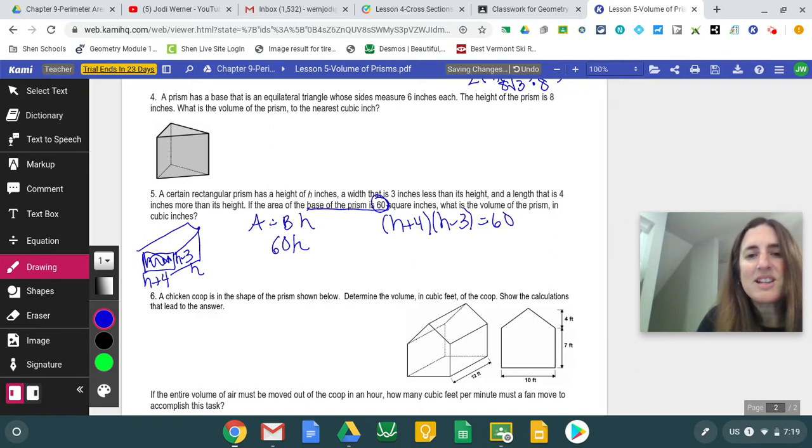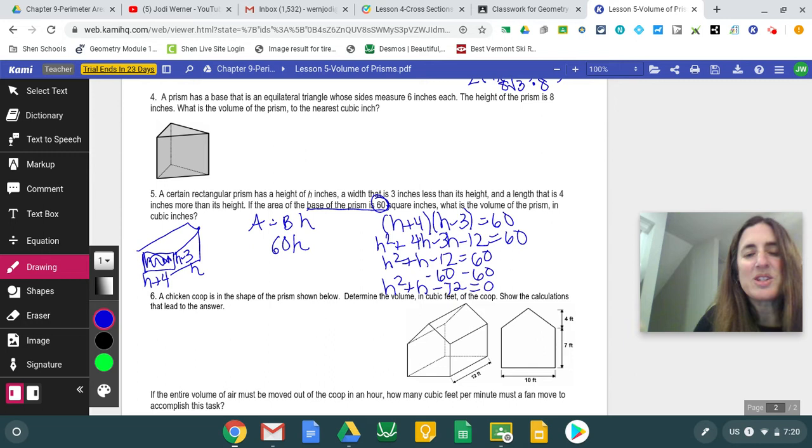Look how nice that's set up. We got a little h squared plus 4h minus 3h minus 12. I better double distribute there. So h squared plus h minus 12 is 60. Or I can move the 60 over, and now I have h squared plus h minus 72 equals 0.